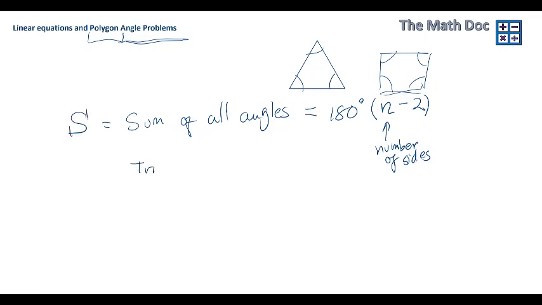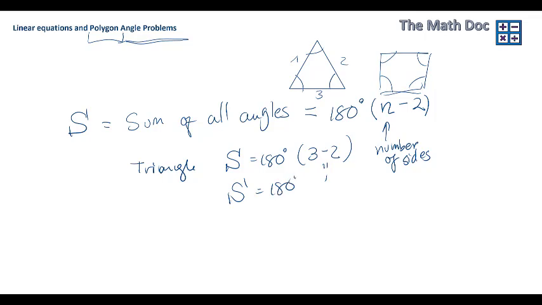So for a triangle where n equals 3, we have 1, 2, 3 sides. The sum of all angles equals 180 degrees times 3 minus 2, which is equal to 1. So S equals 180 degrees.